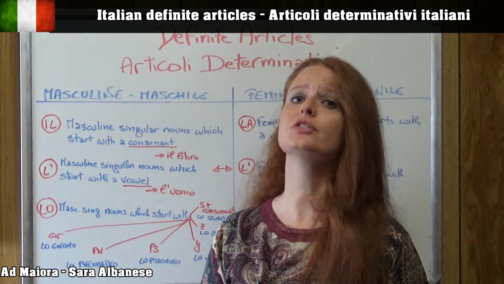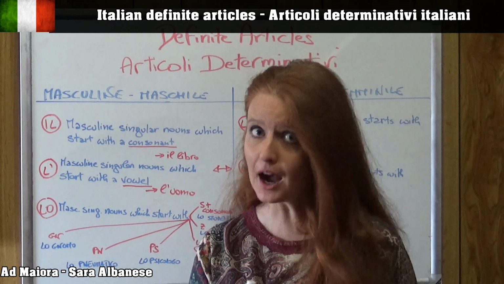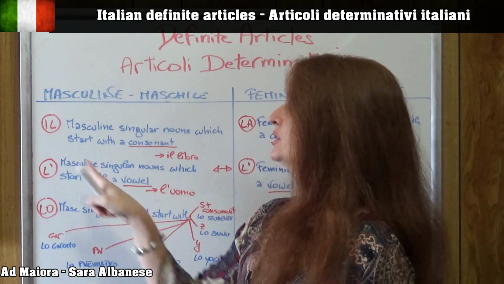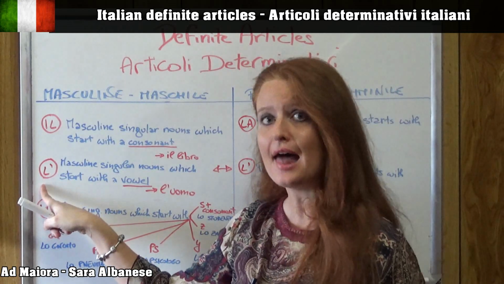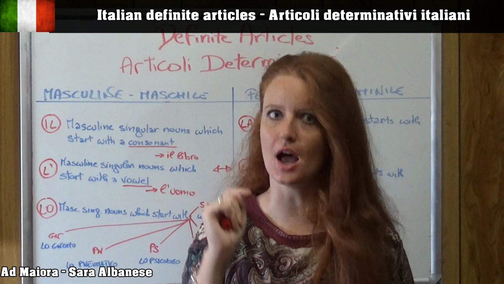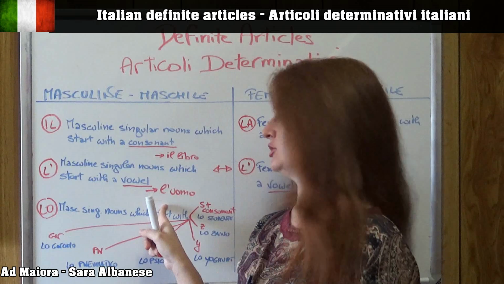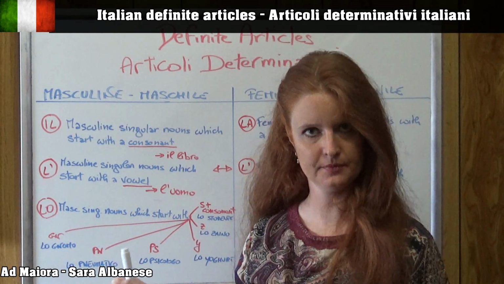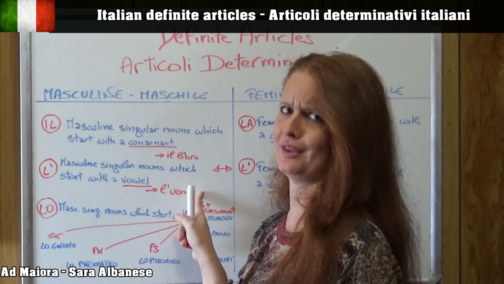What happens if the masculine singular noun starts with a vowel and not a consonant anymore? We don't use the same article, il, we will use L with an apostrophe. Example, which I also mentioned before: uomo means man. Remember we said the final vowel is an O, so probably it's masculine.